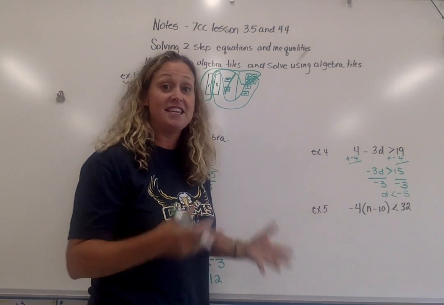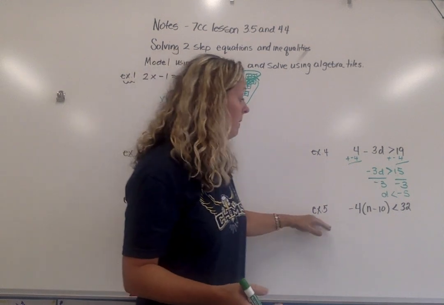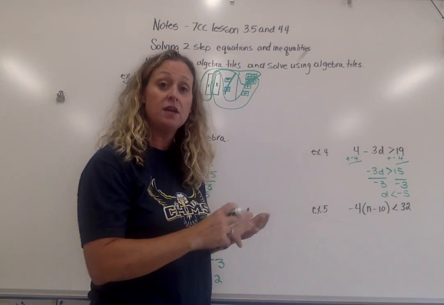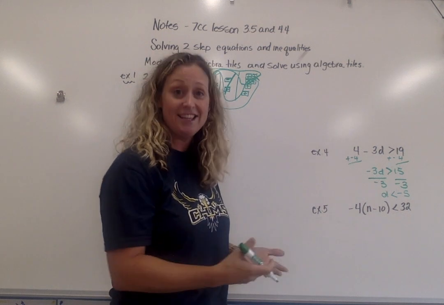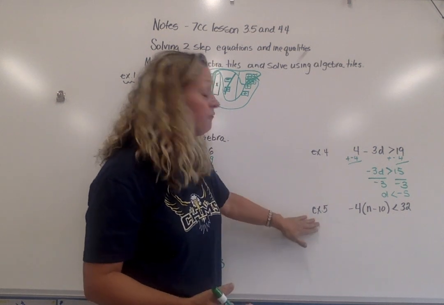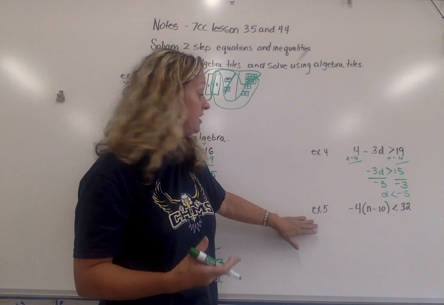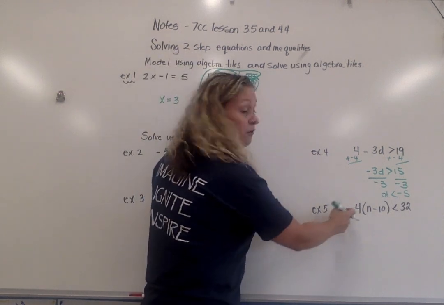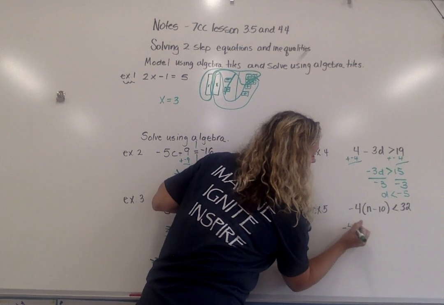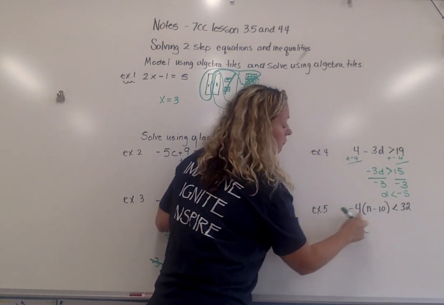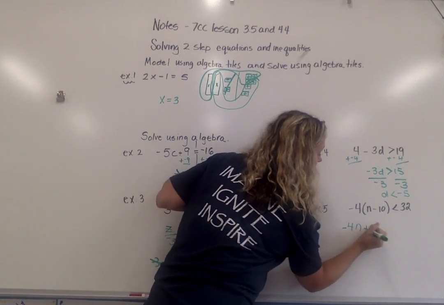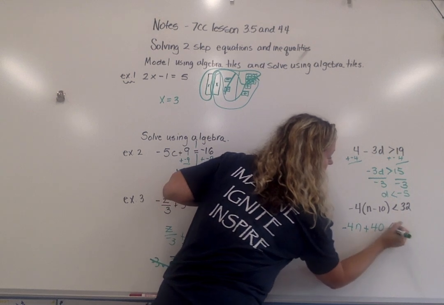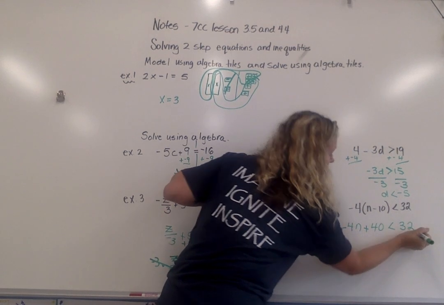Example 5 is the exact same thing we've already been doing, but I've combined solving two-step equations, simplifying expressions, and solving inequalities. The first step in example 5 is to distribute the negative 4 to every term inside the parentheses. Negative 4 times n is negative 4n. Negative 4 times negative 10 is positive 40, and that's less than 32.